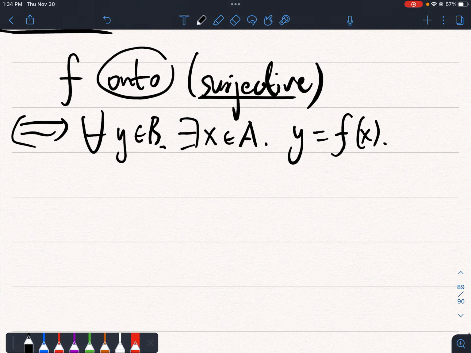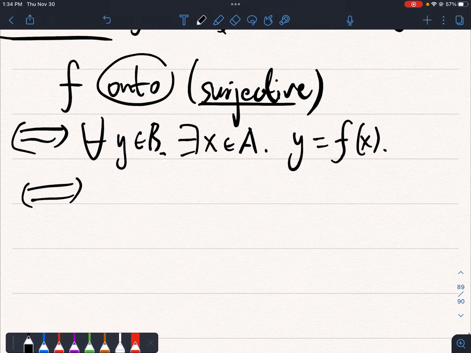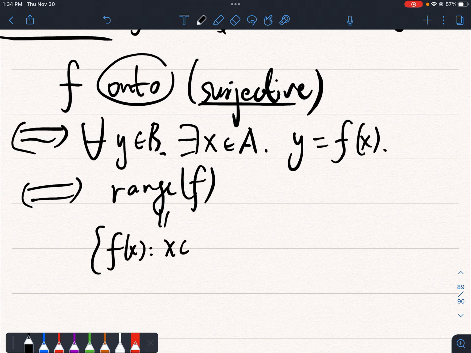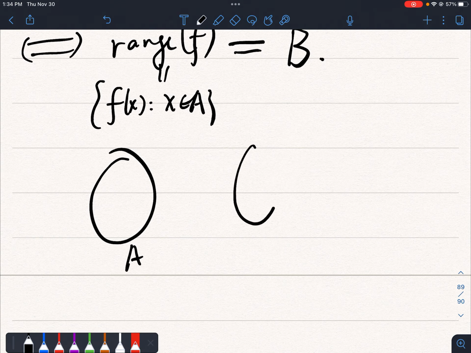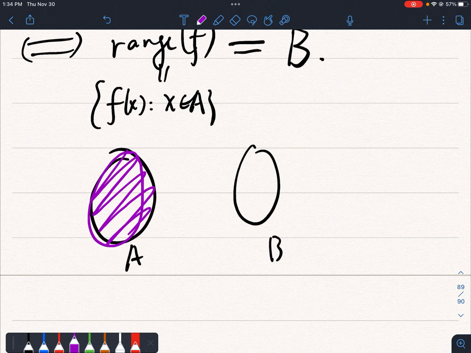Then we might be interested in what it means to be surjective. Equivalently, this means the range of f, which is the set of all f of x where x belongs to A, is exactly equal to the codomain B, right?